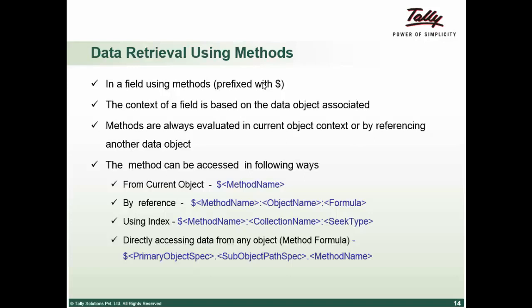The above three are related to the current object context. However, the method formula syntax allows direct access to any object method, including the sub collection to any level, with a dotted notation. It is something similar to what we have for directories.